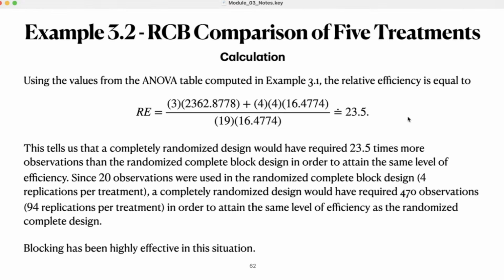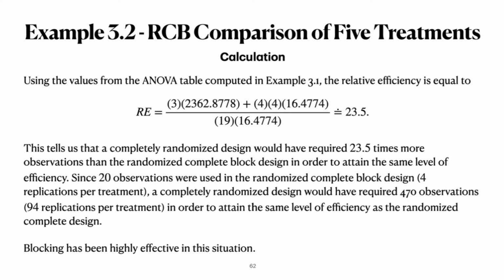Now, what this tells us is that if we had used a completely randomized design instead, then that completely randomized design would have required 23.5 times more observations than the randomized complete block design used in order to attain the same level of efficiency that was attained by that randomized complete block design.